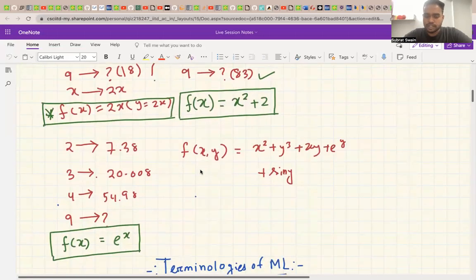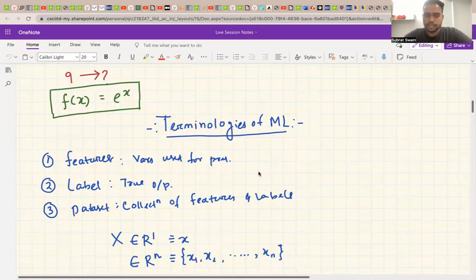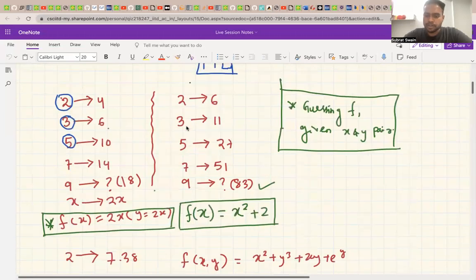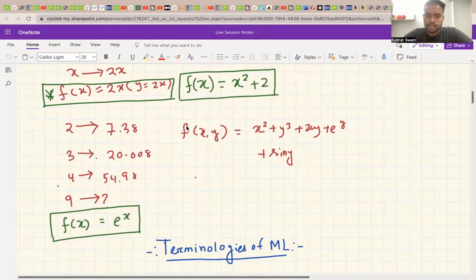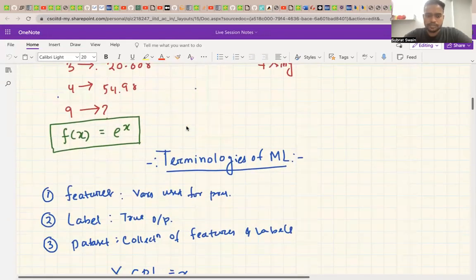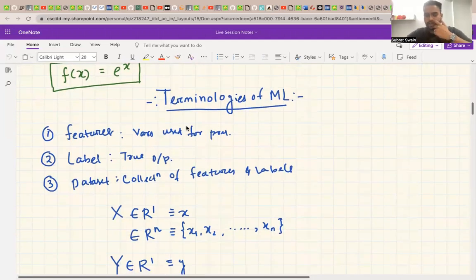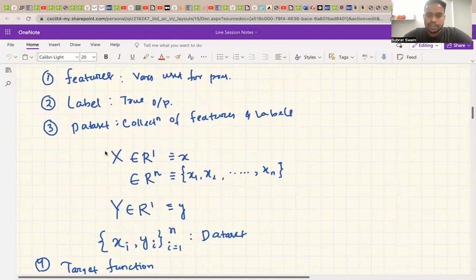We saw that the function is very complex, it's harder to predict, but given x and y pairs, a machine learning model can predict it very nicely. Then we moved to the terminologies of ML, where we started with features. What are the features and what are the labels that we have? And then we defined something called a dataset, which is a collection of all these features and labels.